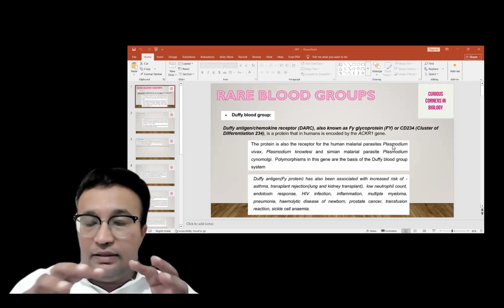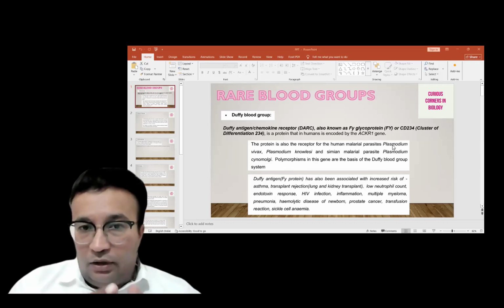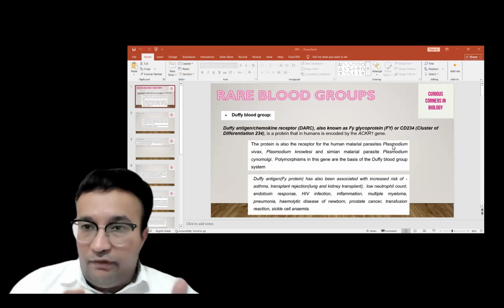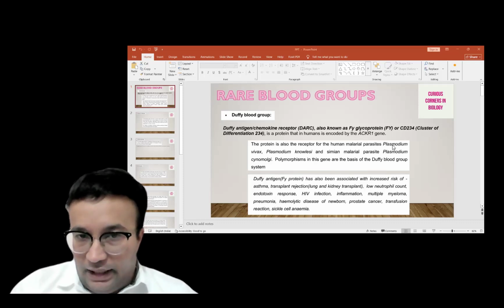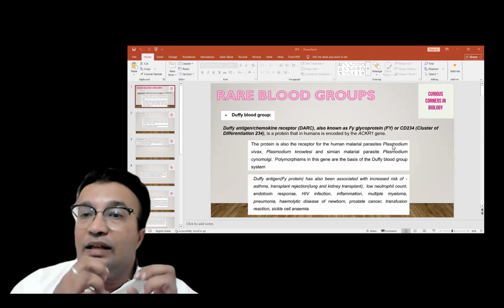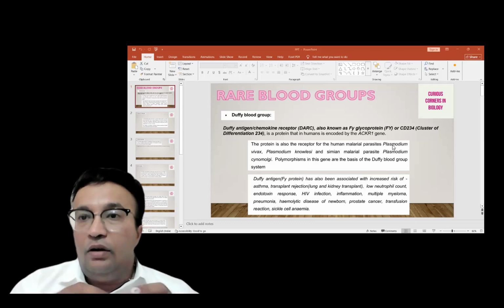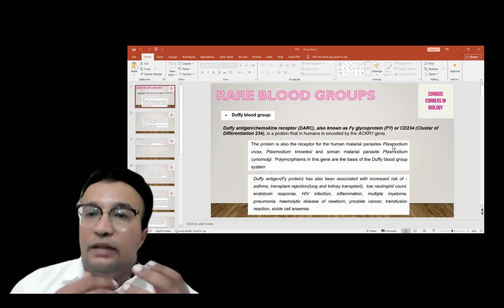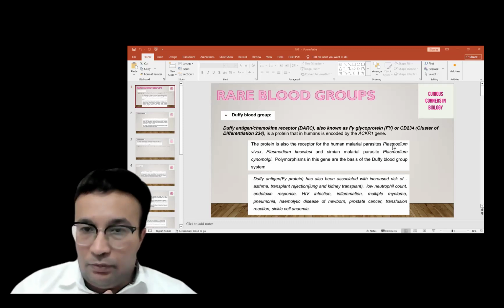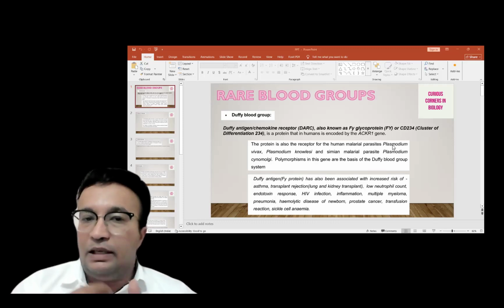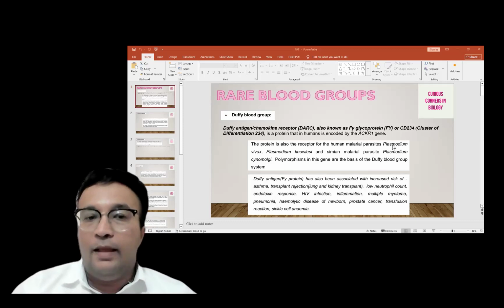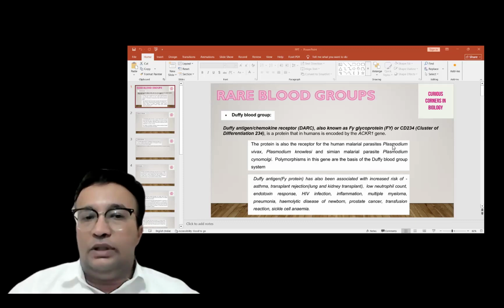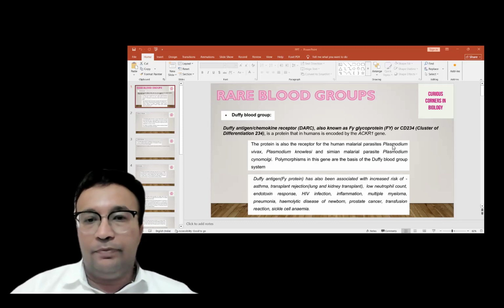Now this is a blood group in which the antigen present on the RBC membrane also acts as a receptor for the malarial parasite, that is different species and strains of Plasmodium, like Plasmodium vivax, Plasmodium knowlesi, Plasmodium cynomolgi. So this is a unique thing about this blood group, right?